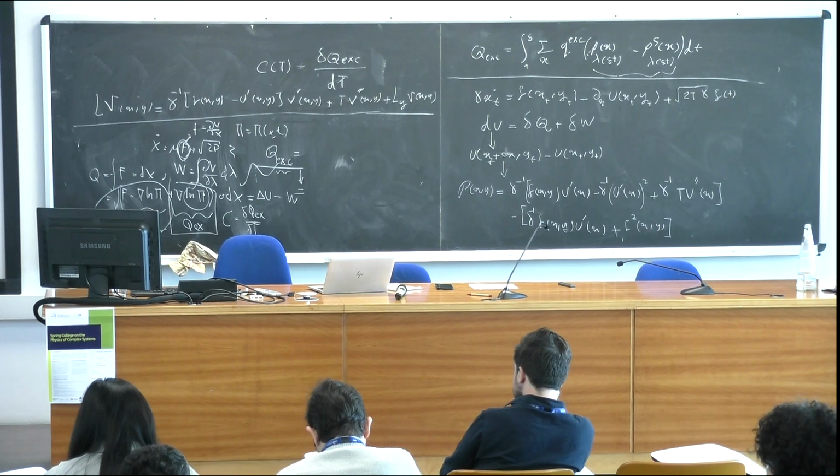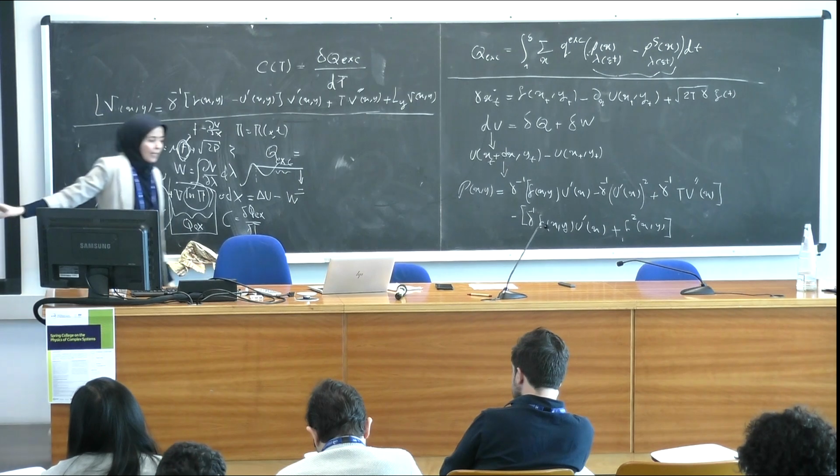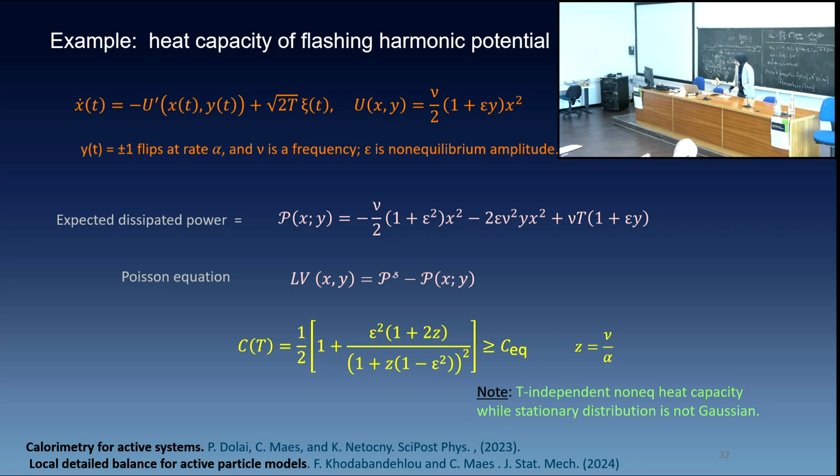I have the right-hand side, I have the left-hand side, and then just find V. And then the heat capacity of such a system via quasi-potential is obtained, and you can see that it's not a function of the temperature, it is a constant. It's not always like that, just in this system, which is interesting. This is via quasi-potential. Calculating the heat capacity via quasi-potential is very theoretical.